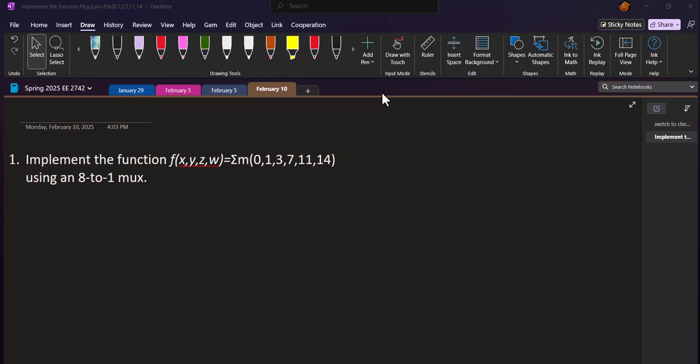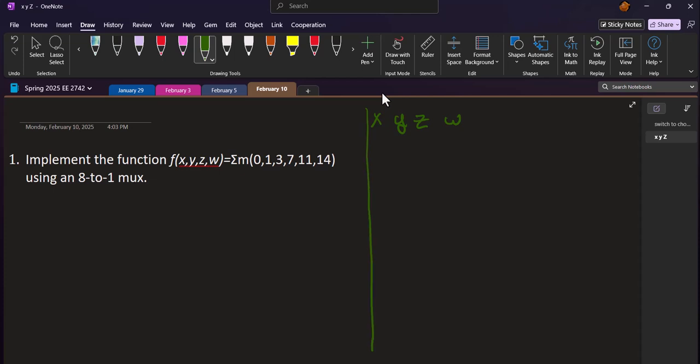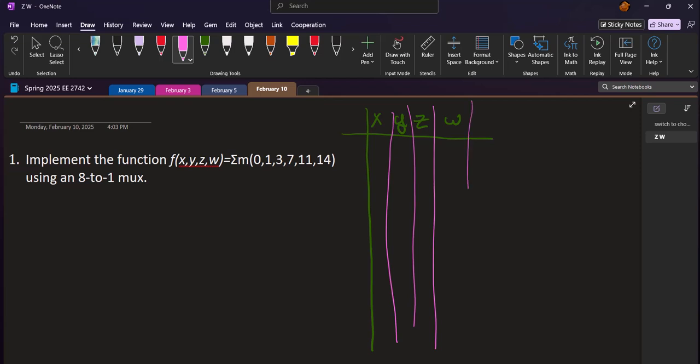So the first thing I'm going to do is make a truth table that has X, Y, Z, and W, that has all 4 variables in it. And I'm also going to label the min terms. And I'm going to have a column for my function to say whether my function is 1 or 0 at that time.